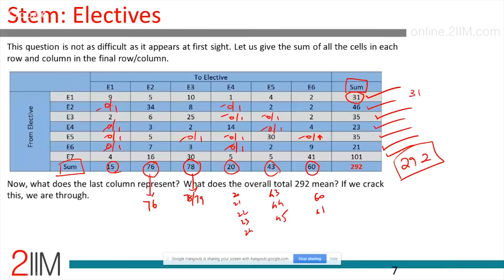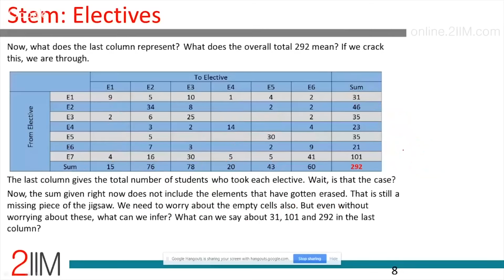The totals are given, we filled in the data points. Now let us go to the constraints and see if we can make sense of those. And to start with, there are 31 students who originally had elective E1. There are 76 students who ended up with elective E2. And so any constraint where E1 original is given or E2 final is given, I love those.